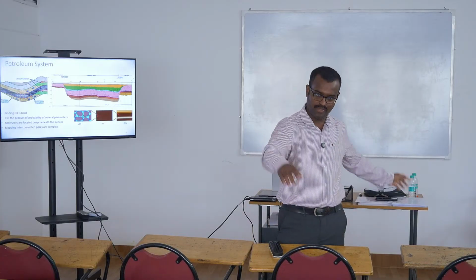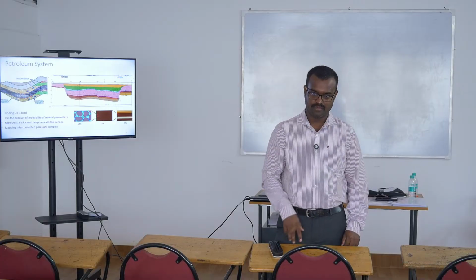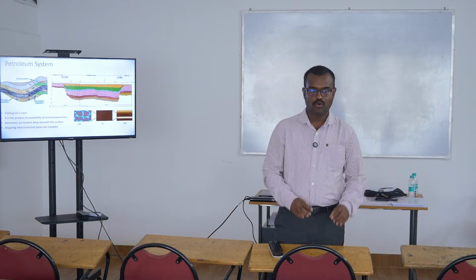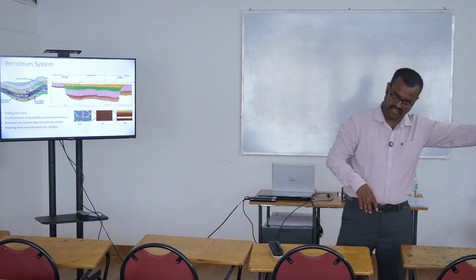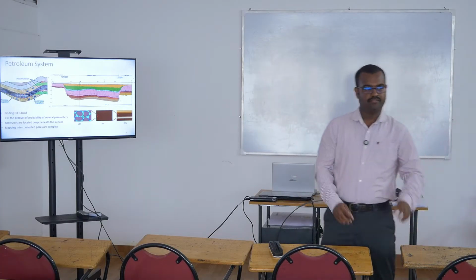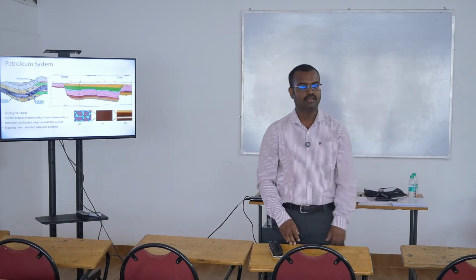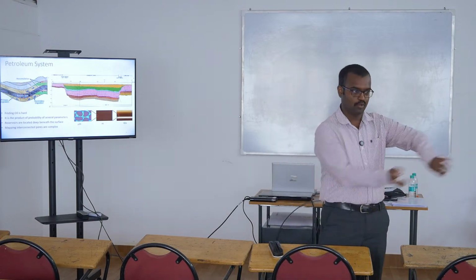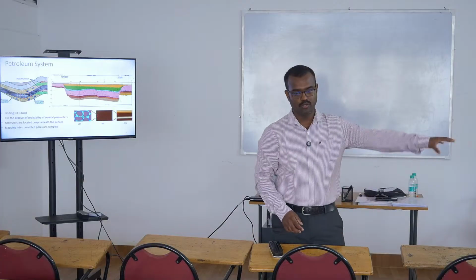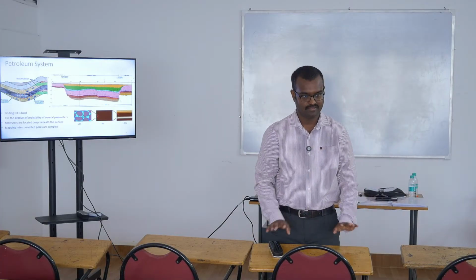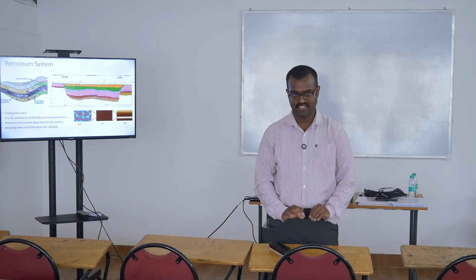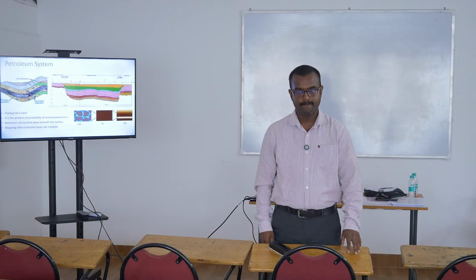But if the door is very big, you will take less time. Is it correct? So from one pore to another pore, there is a connection like a door. If that door size is very small, then you will take more time to go, right? But if the door size is big, then you will take less time to go out, right? I'm not talking any engineering, very simple logic only I'm asking, correct?